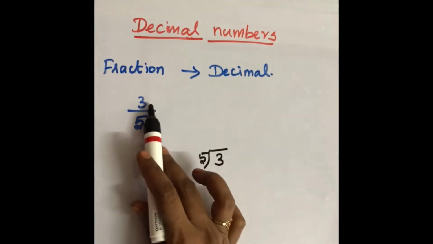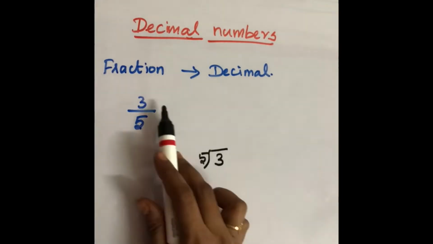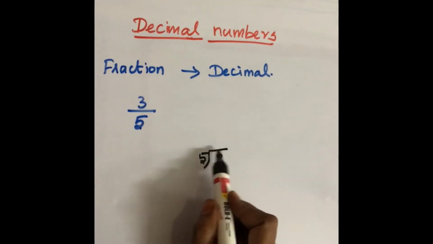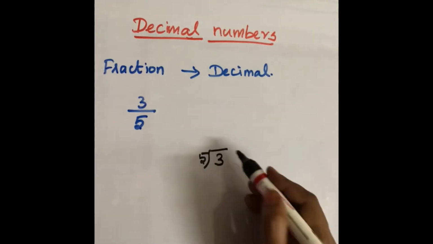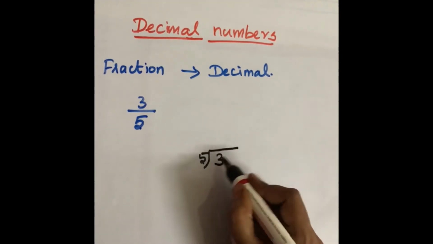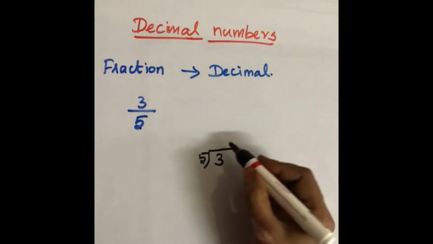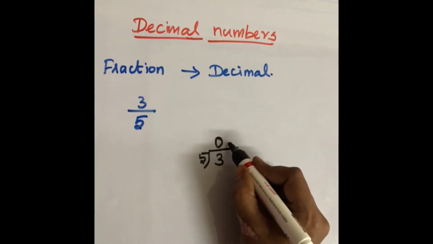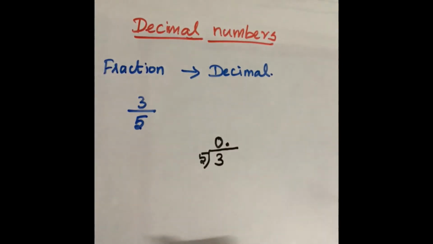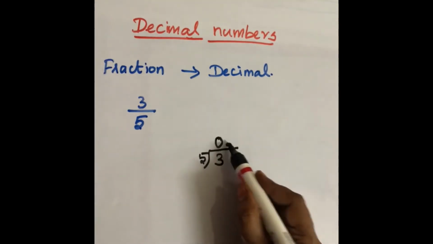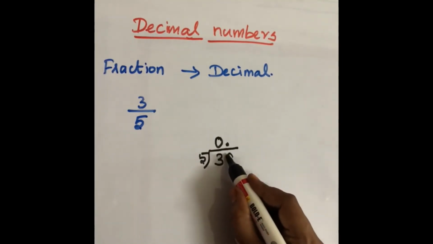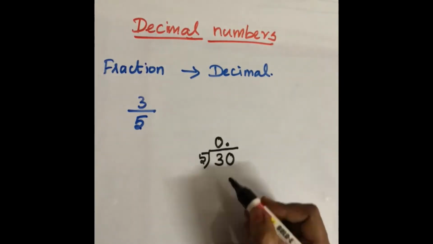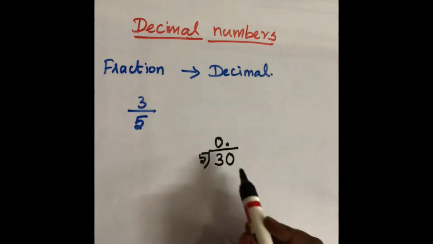The numerator by the denominator. Okay, so put 3 inside and divide it by 5. In 3, how many times is 5 there? No times. So 0. Put 0 and then write a point. After keeping the point, you can add a 0 with this numerator, this dividend.